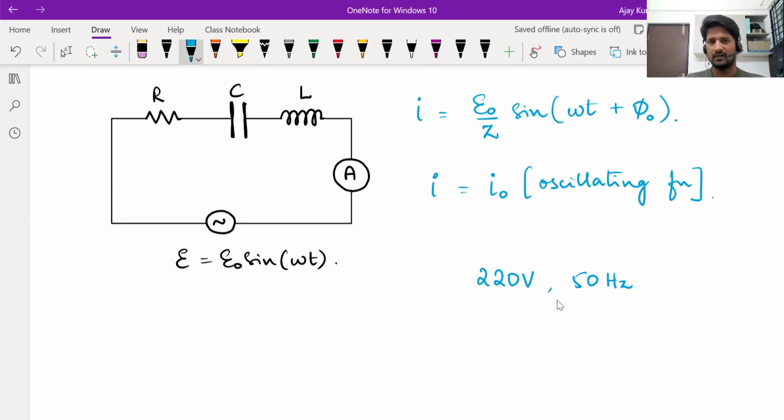Whether it's a bulb or your mobile charger, it'll be printed at what ratings it can be used. So they mention 220 volt as the voltage at which it can be used. What is this 220? We get an alternating voltage, but they mention a constant fixed value of voltage. What do you think this 220 is?